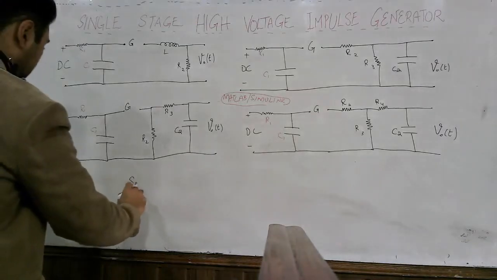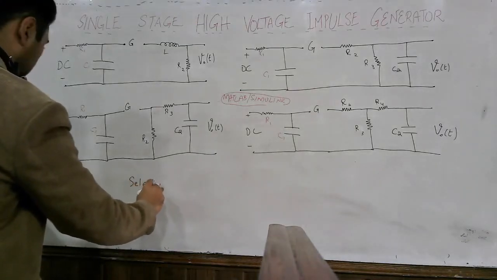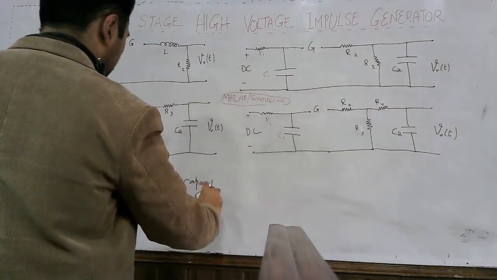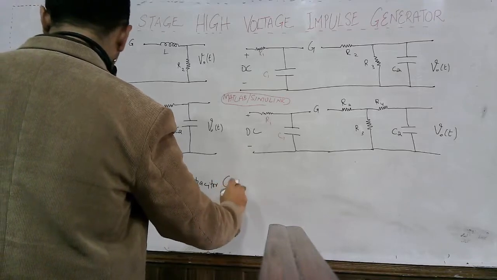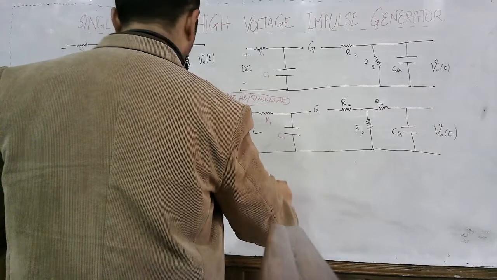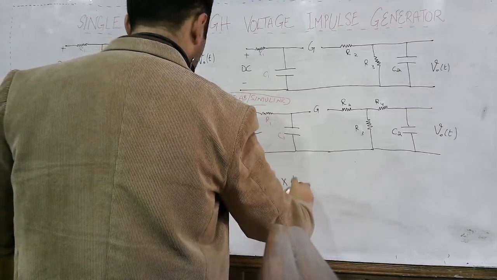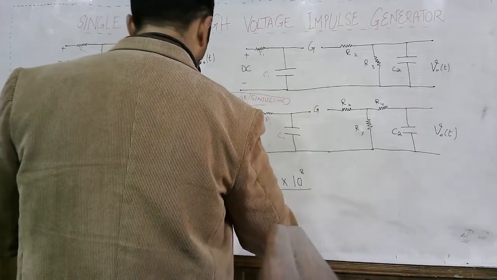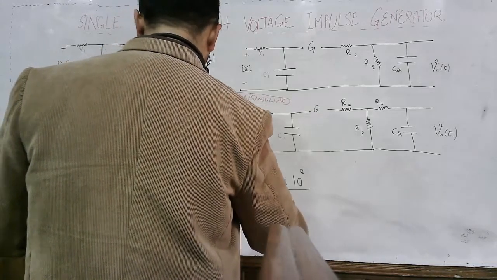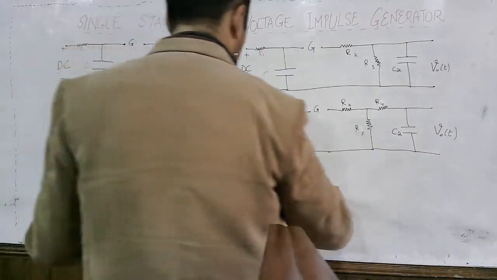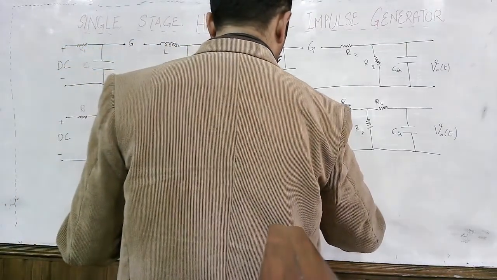So the selection of capacitor C1 is equal to MVA into 10 raised to power 8 divided by ZV square, and it has a unit of farads.